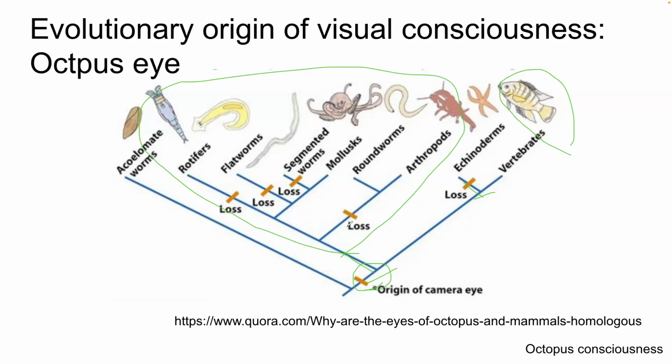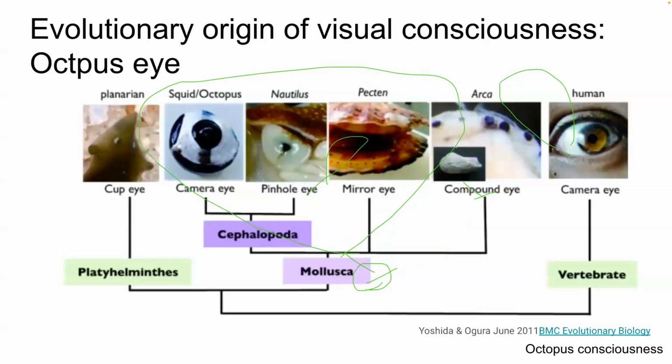Almost none of them has this lens-like shape of eye. The mollusks, the octopus kind, have something similar, but everything else doesn't have anything similar to our eye. And this is how it looks. Human eyes have a beautiful circular shape right here, and then the mollusk part contains octopus, squids, and also shell-like fish.